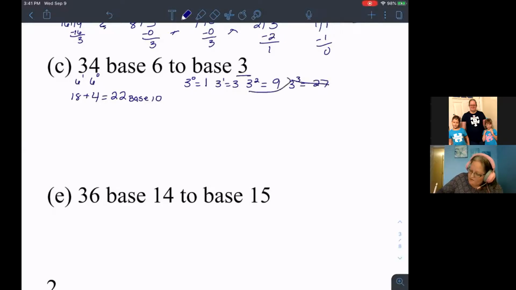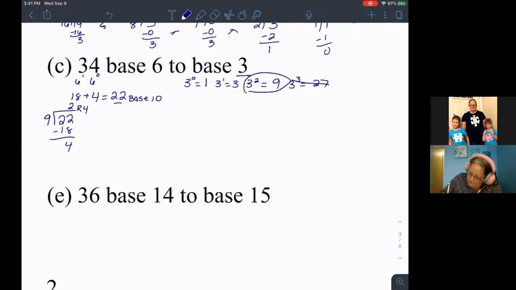We're going to start at the 9 because 27 is bigger than 22. So 22 divided by 9 is 2, which is 18, remainder 4.